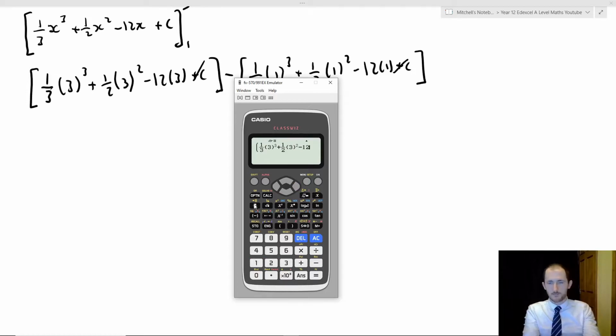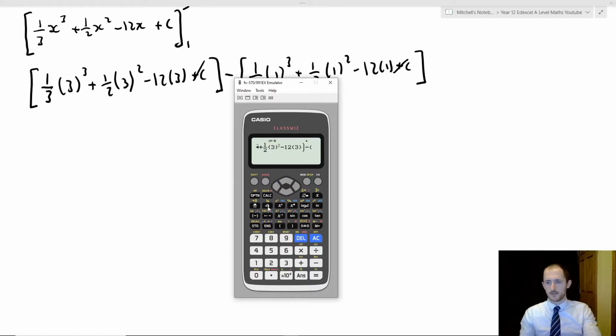I apologise, I've bought myself a new keyboard, and certain keys are in different positions, which is really annoying. And then again, subtract. Can you see I've already lost track of what's at the beginning? So what you can do is go back and say, okay, this looks exactly like that. Or again, you can do the two brackets separately and subtract them.